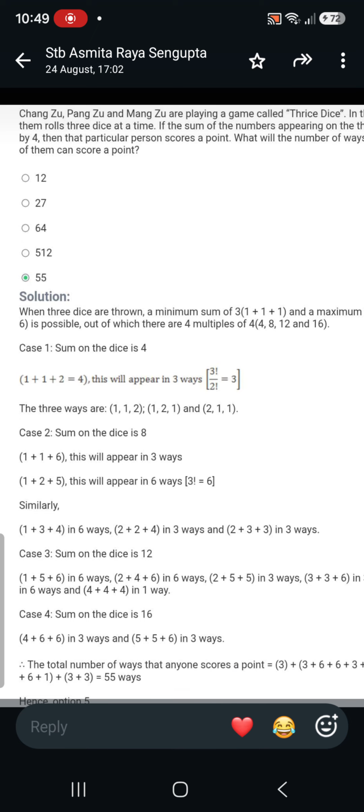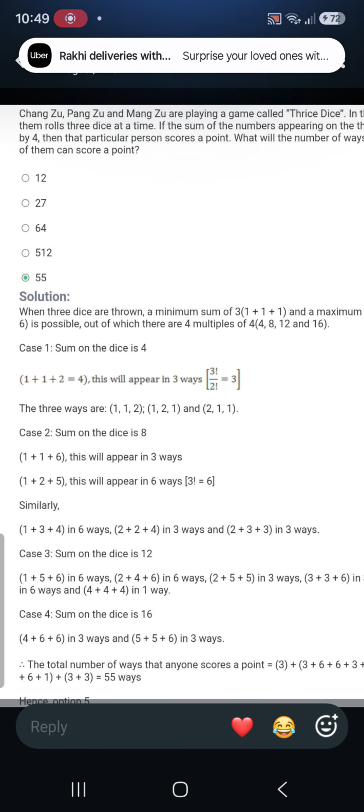So let us take case 1 where the sum on the dice is 4. So 4 can happen in only one way: 2 of the dice have 1 and 1 dice has 2. Out of 3 dice having two 1s and one 2, we can have factorial 3 ways that the 3 dice can be rolled, but 2 of the numbers are the same, so divided by factorial 2.